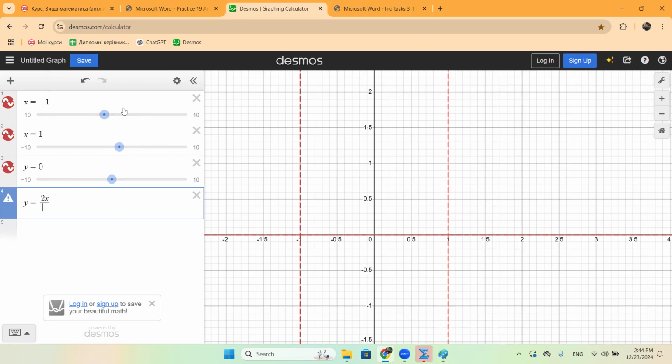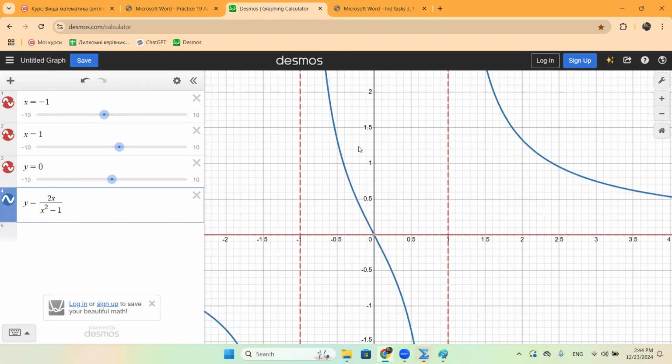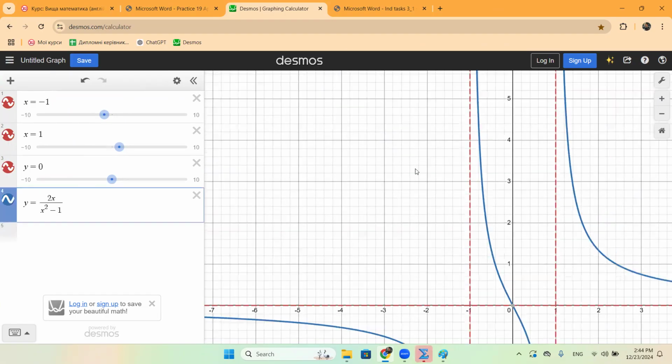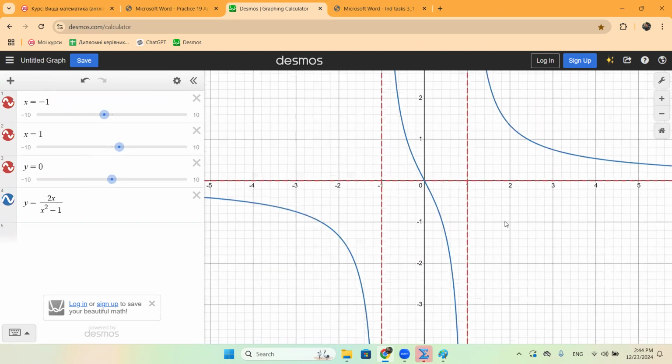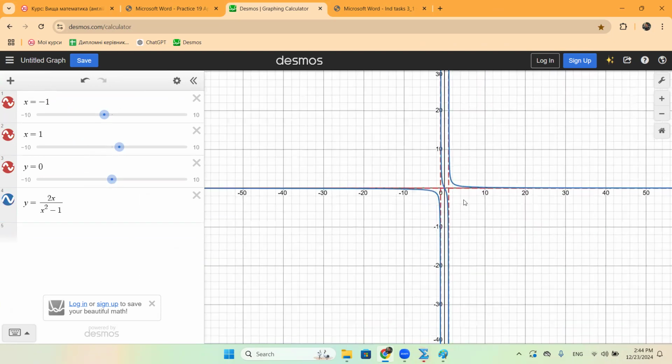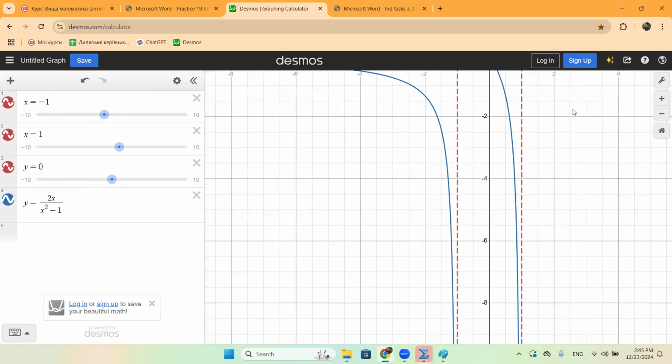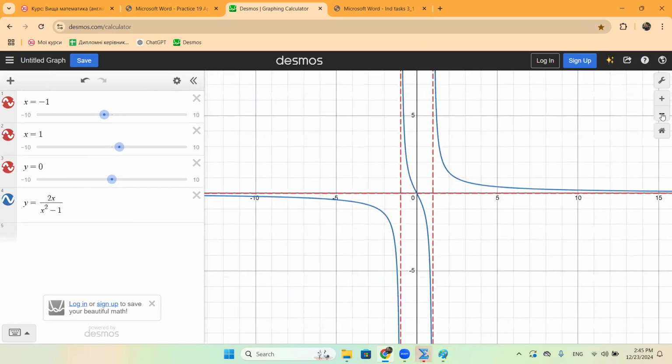So 2x divided by x squared minus 1. We can see that everything is correct: it approaches asymptotes, and the function is always decreasing. Now what about inflection points? We have one inflection point.